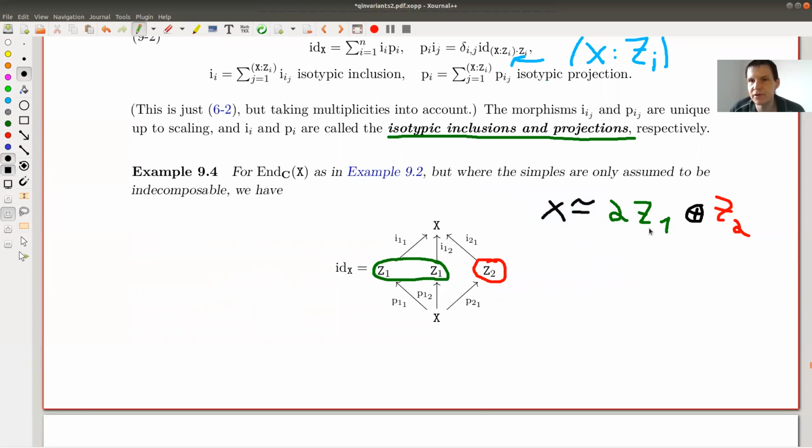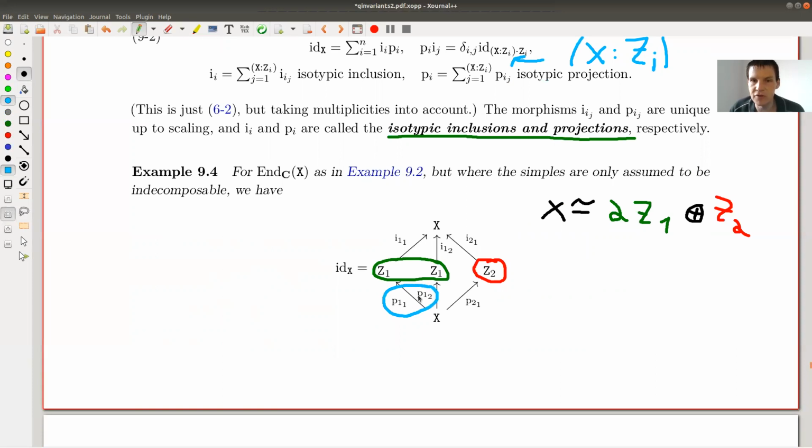So this is an isotypic component, the green one, the whole thing, not Z1 and the other copy of Z1 separately, so the whole beast, not each copy. And for Z2, it's a bit boring. It's just what it is. But in general, just collect everything of the same isomorphism class. So what is unique is the projection from the combination of those two, basically.